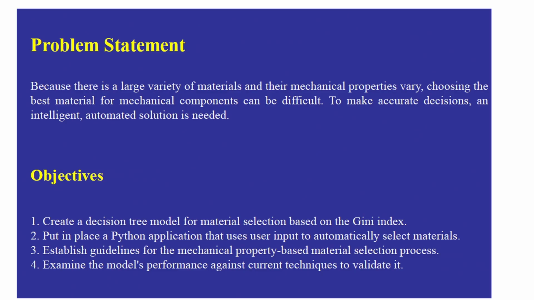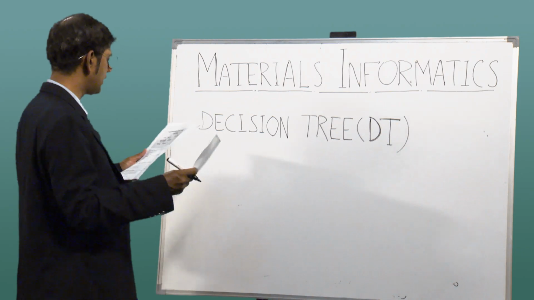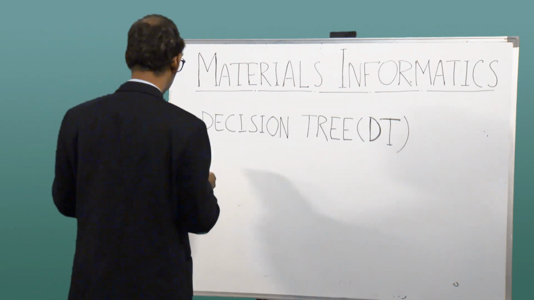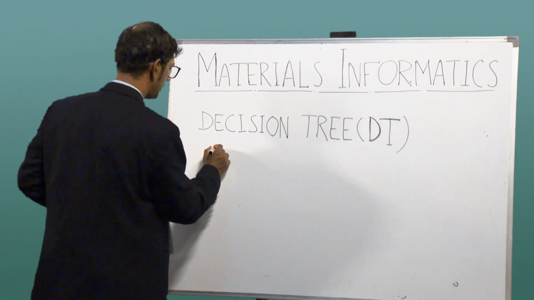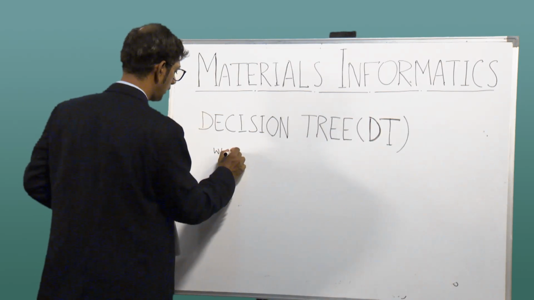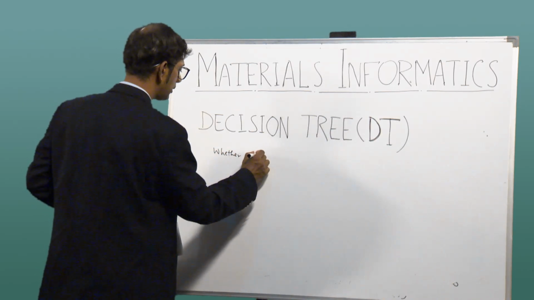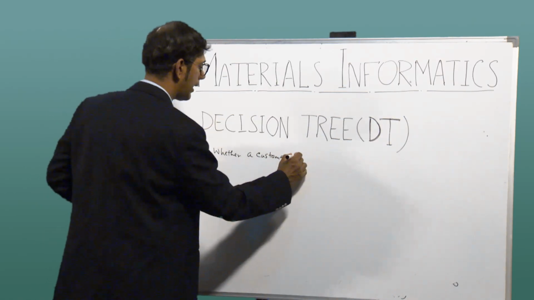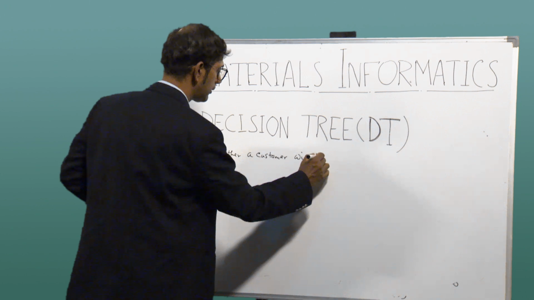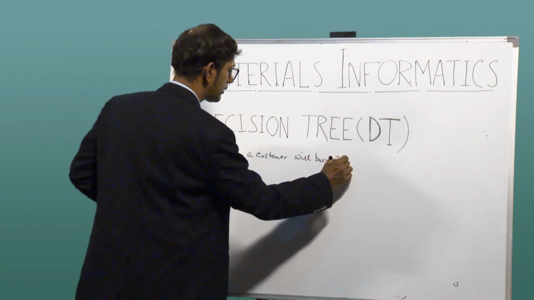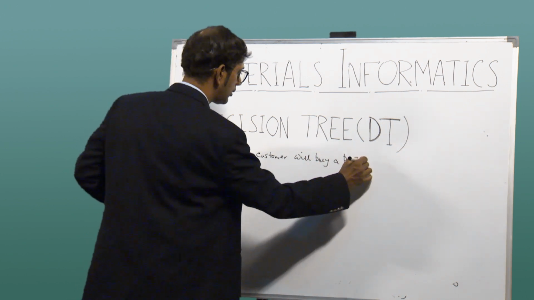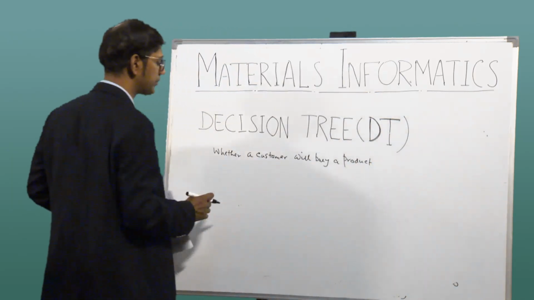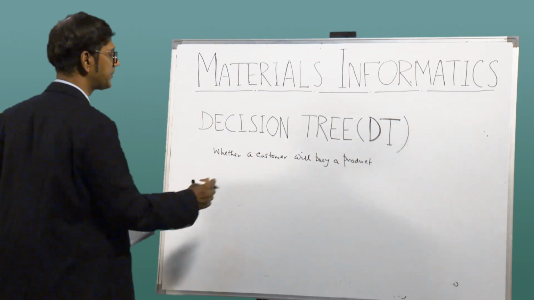Okay. So, let us say that we are predicting whether a customer will buy a product or not. How can we show it in terms of a tree-like structure?